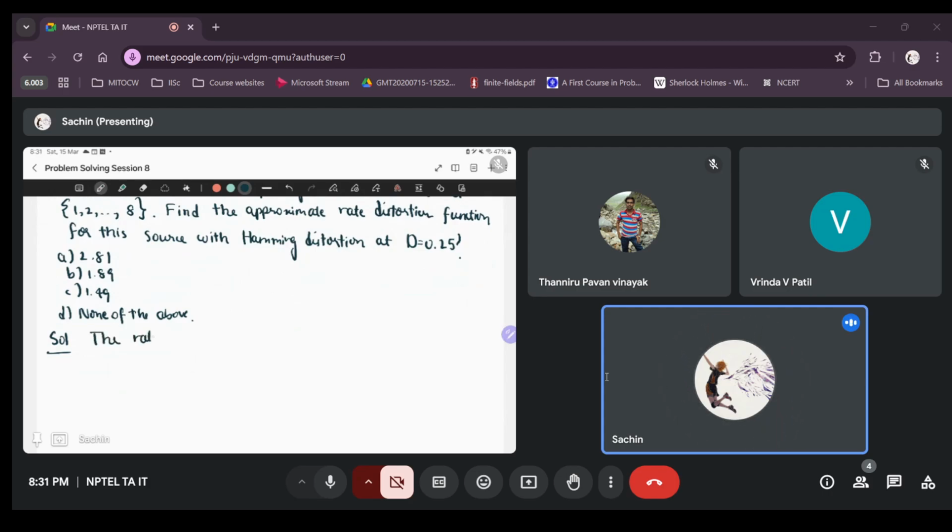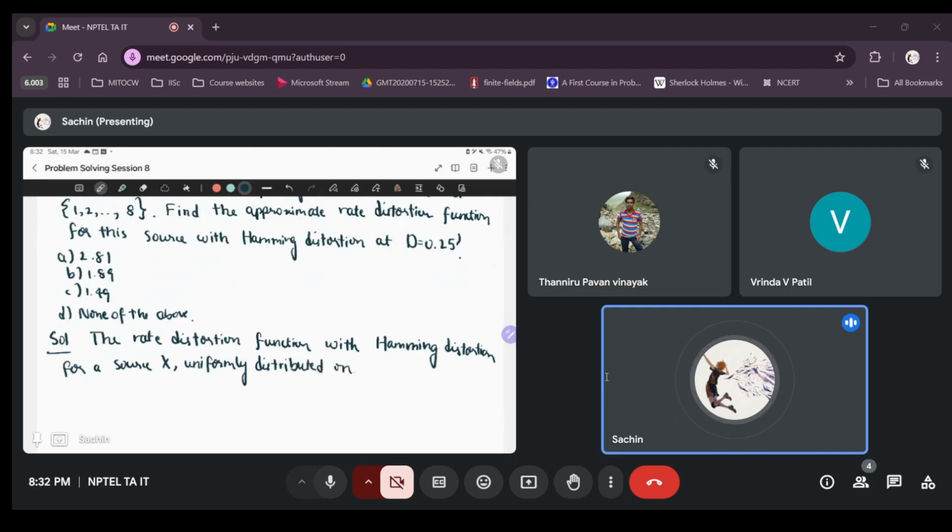But in this case, the rate distortion function with Hamming distortion for a source X, which is uniformly distributed on the set 1 to 3 up to m values, I'll give you the general result, which was derived in class.